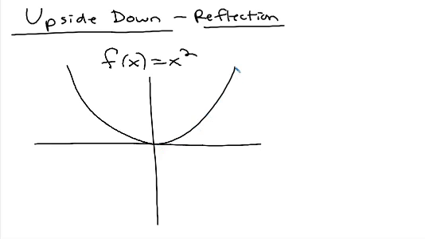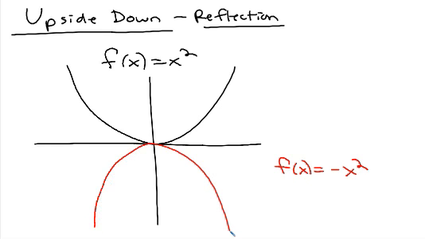We just put a negative in front of it. If I have negative x squared, and you should have noticed this when we were doing that work the last couple days, it's upside down. The moment I put this negative in front of the x squared function, in front of the quadratic, it makes it upside down. Always.